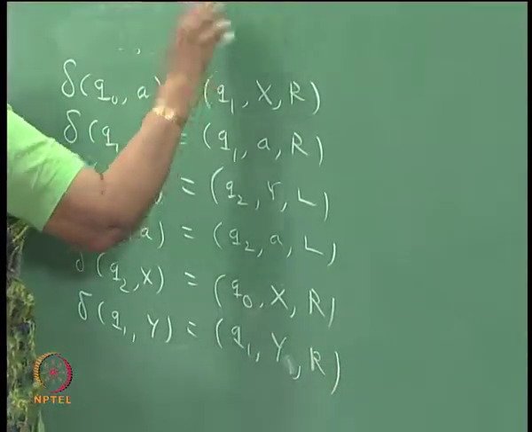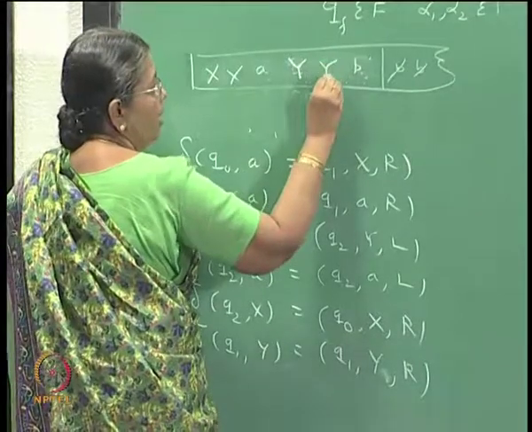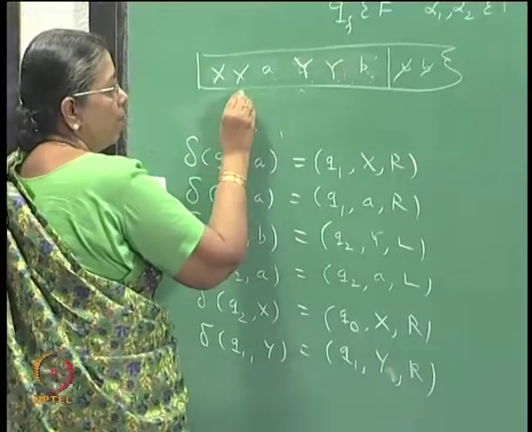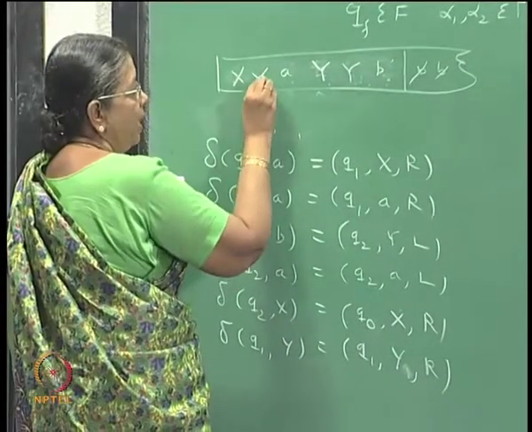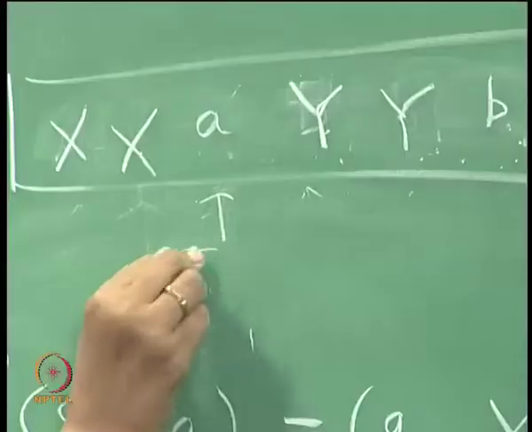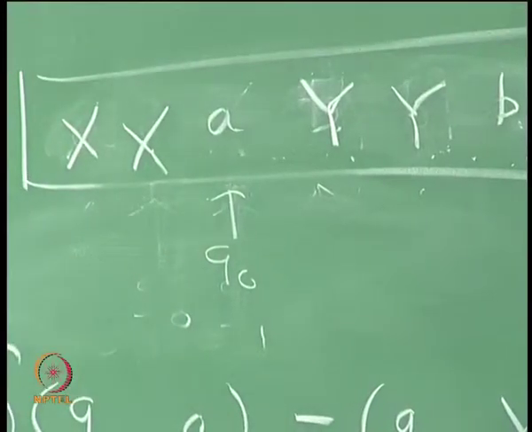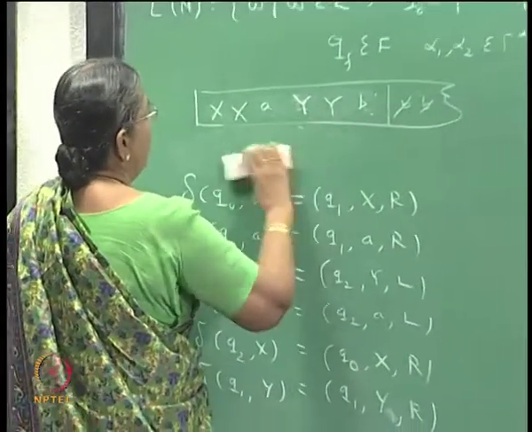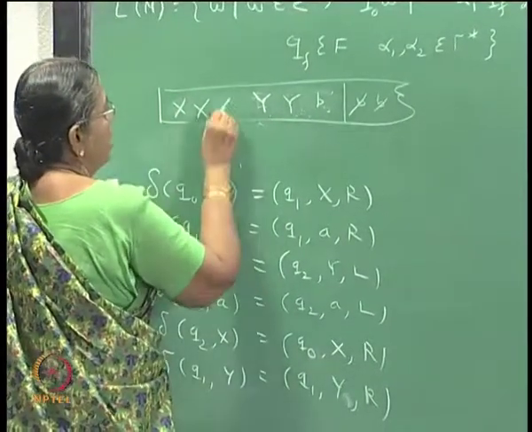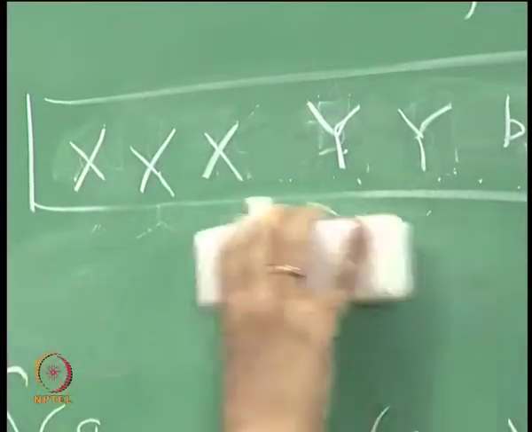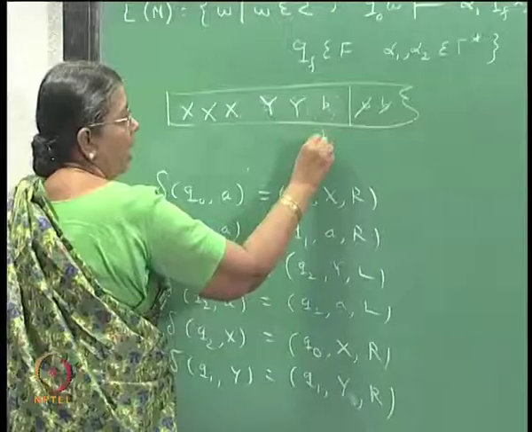When it comes here, it will replace this by a Y and move left in state Q2, it will come up to this point. When it sees this X, it will move right in state Q naught, another pass is over. Now, again the same thing, it will change this into an X, go to state Q1, and in Q1 it will pass through all this and reach here.